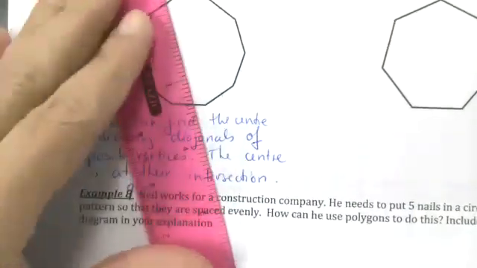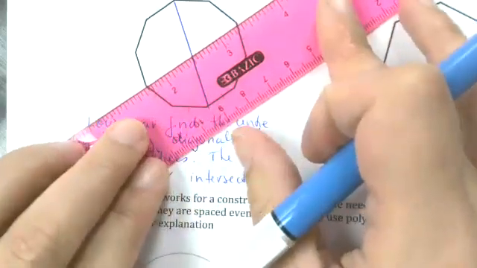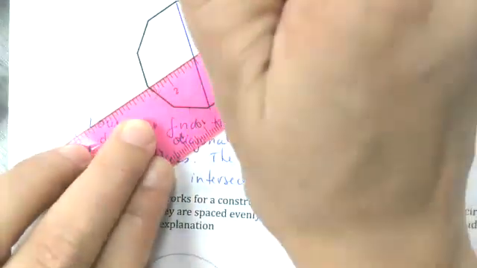So opposite vertices, that's one diagonal. Another one, whichever you want, it doesn't really matter.